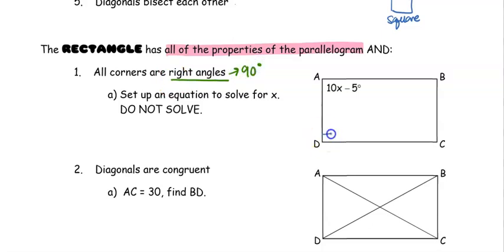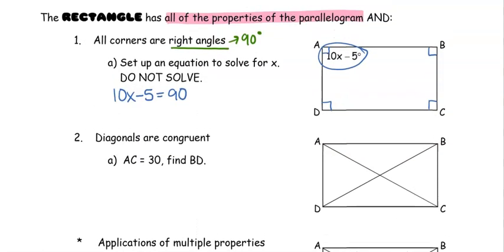So when I look at my diagram, all corner angles are right angles. This is my angle, it's a right angle. The equation I would set up would be to set that angle equal to 90 degrees. Notice that our notes said do not solve. We're concentrating on applying those properties.